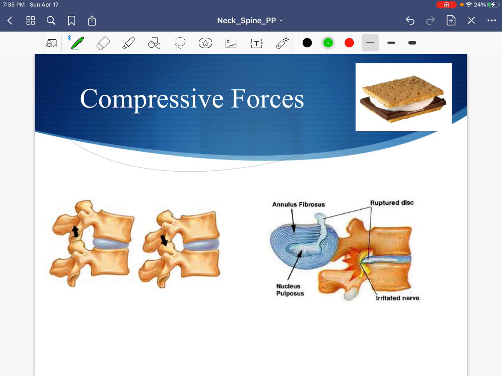All right, so I talked about the compressive forces. In terms of the bony structures, the compressive forces are sustained by the body of the vertebrae, and second to that, the facet or zygapophyseal joints. But let's not forget the intervertebral discs. The intervertebral discs provide so much shock absorption.